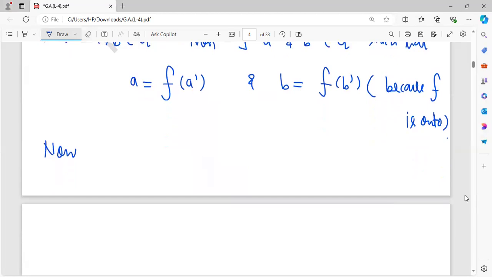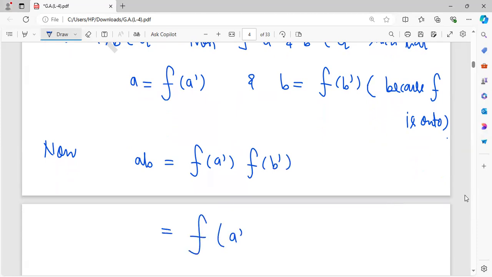What is ab? ab is equal to f(a dash) f(b dash). By the property of homomorphism, this is equal to f(a dash b dash). From here, what do we conclude?